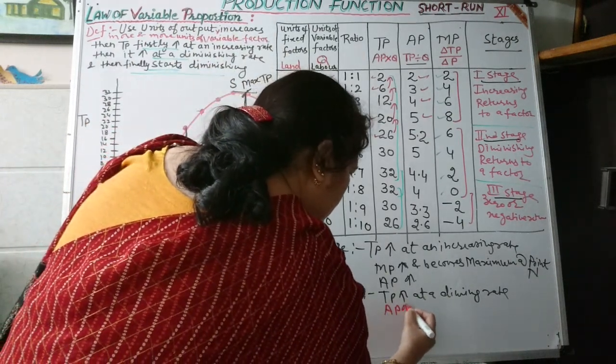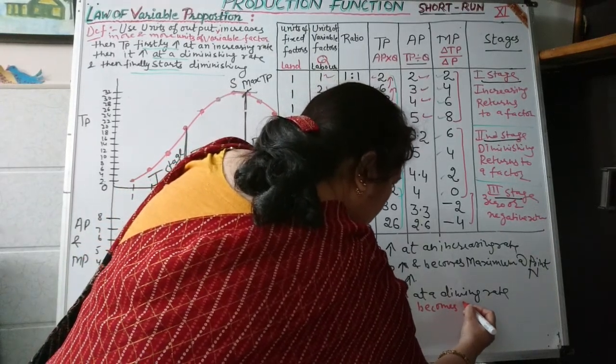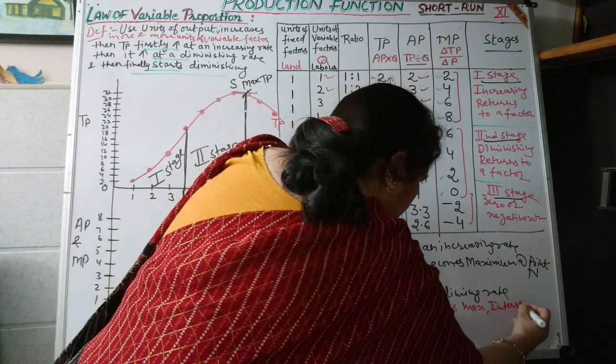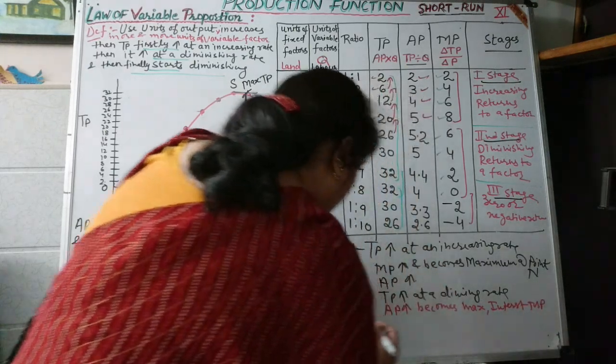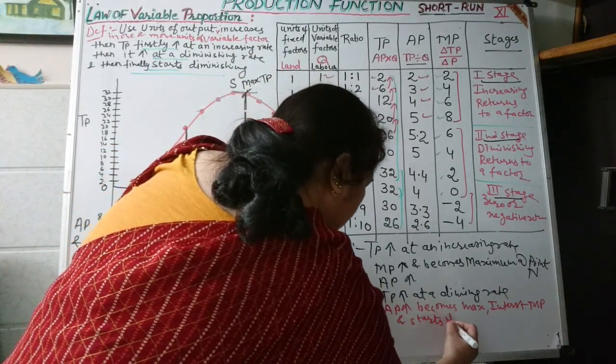AP increases, becomes maximum, intersects MP, and starts diminishing.